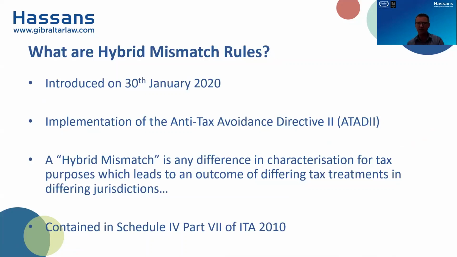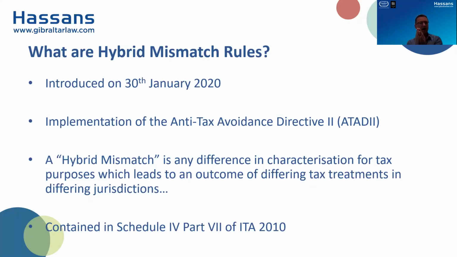But the outcome it is targeting is where the characterization of either an entity or a relationship or a contract in one jurisdiction and the characterization of that same entity or relationship or contract in another jurisdiction differ such that one jurisdiction either doesn't include income or allows a deduction, and the opposite result occurs in the second jurisdiction.